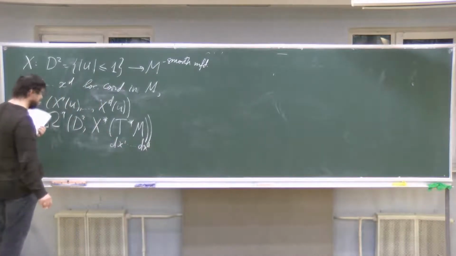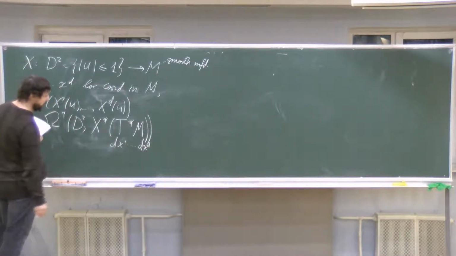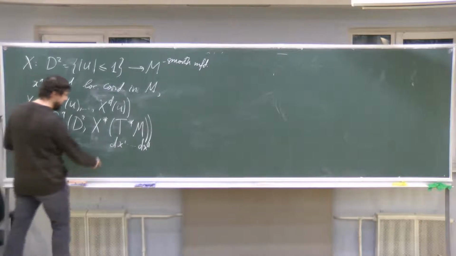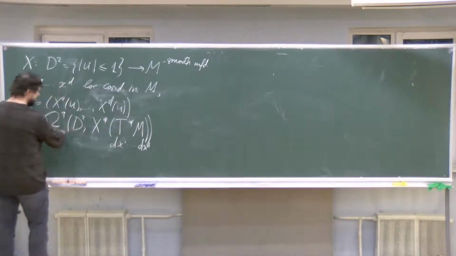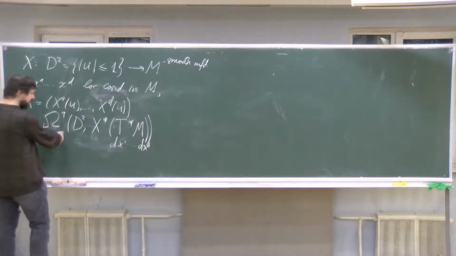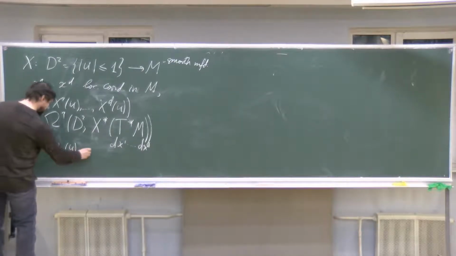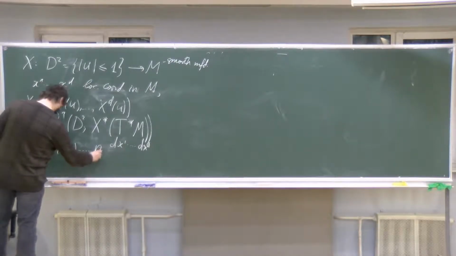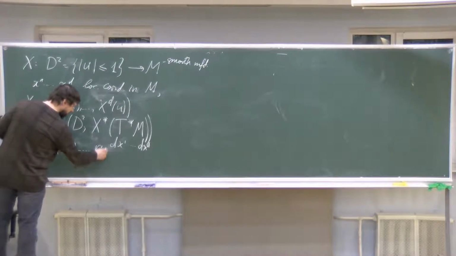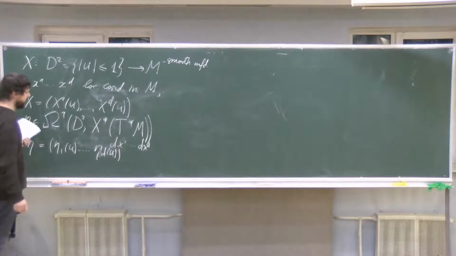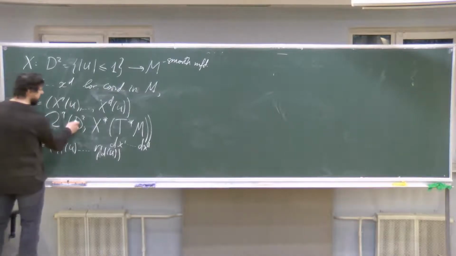So when you pull back this basis, it gives you a basis in this space. So you can write eta in these local coordinates as (eta1(u), ..., etad(u)), where eta_i is just a differential form on D2.